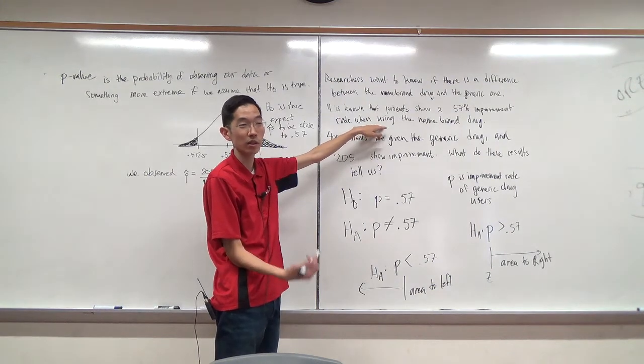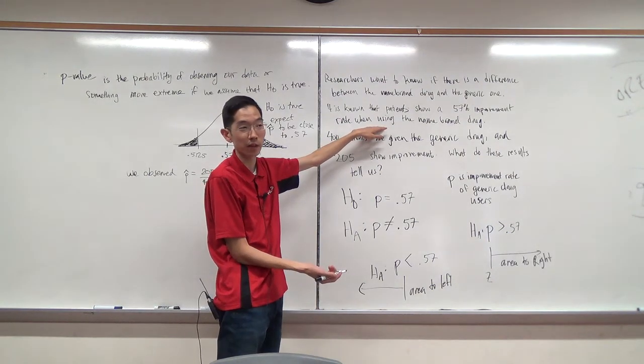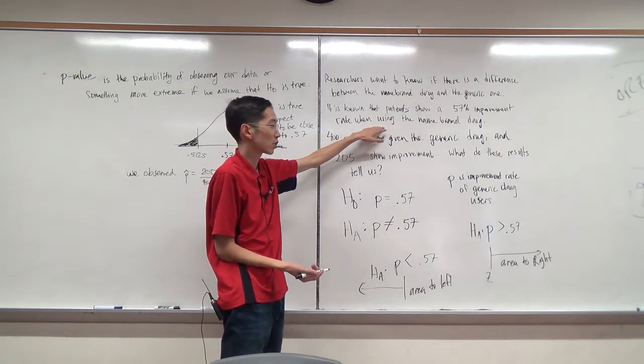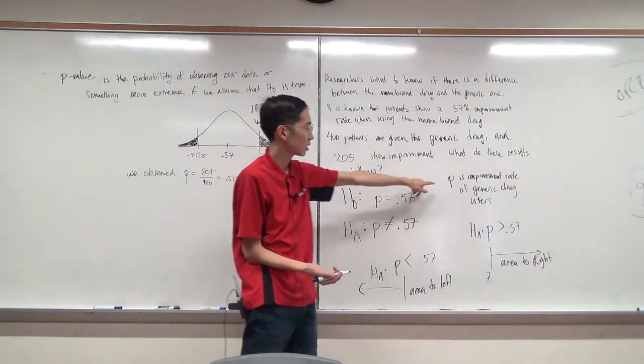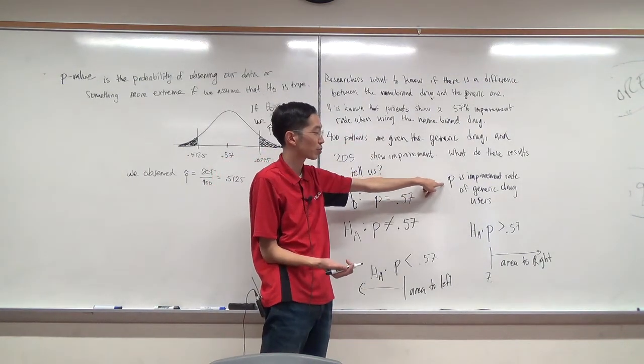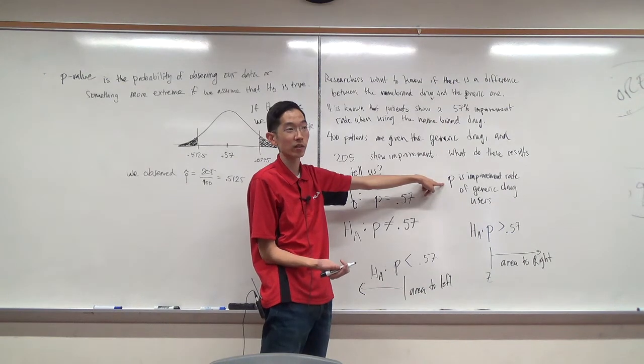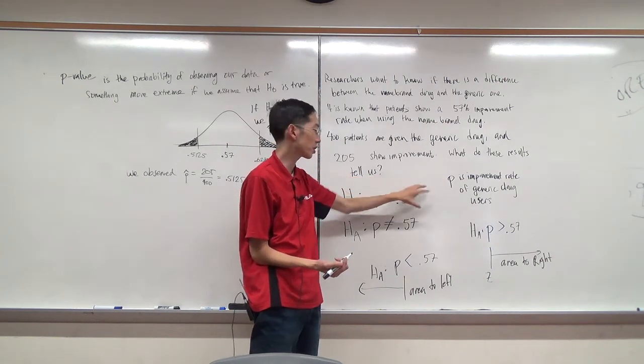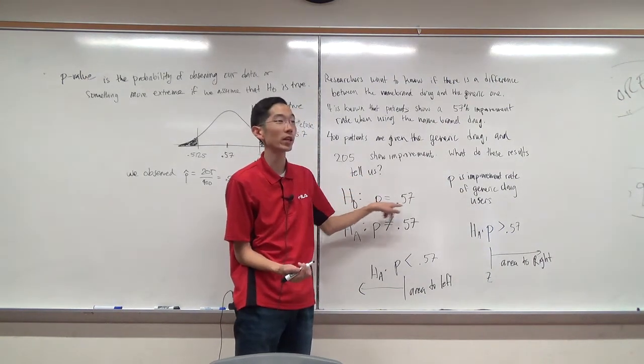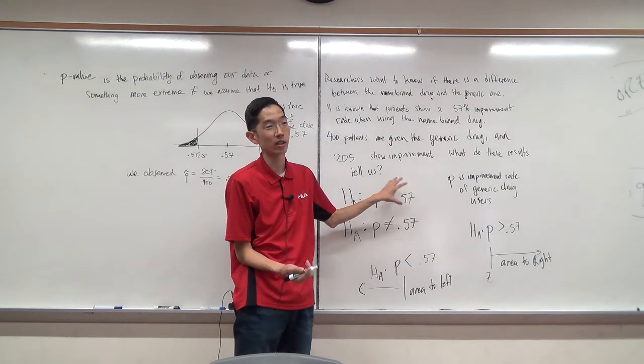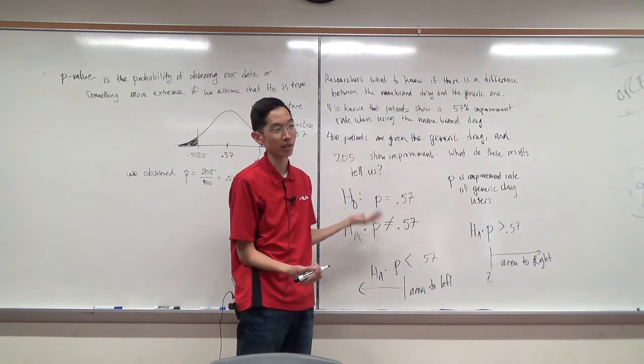What we want to know is, is the generic drug just as effective? And so what we're trying to figure out is the improvement rate of the generic drug. We're going to start off with the assumption that they're equally effective, and we want to know if our data reveals something contrary to that.